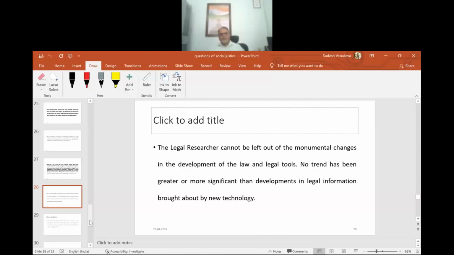Let me conclude here on the question of social justice by submitting that social justice is an aspirational goal. The questions of social justice are now to be answered in a legal manner, in an institutional manner, though it was developed more as a moral philosophy, virtue, or certain conduct.